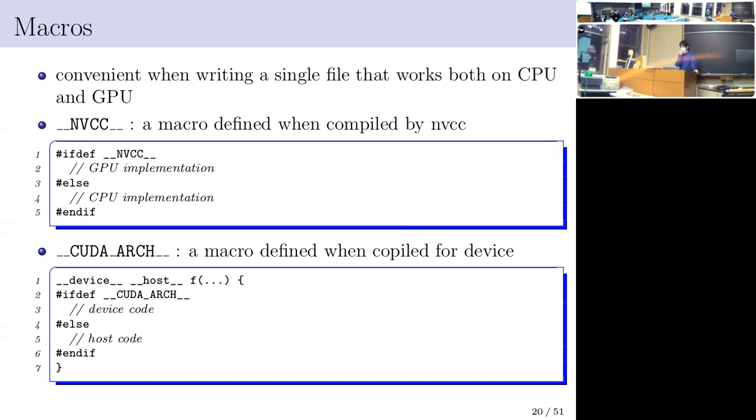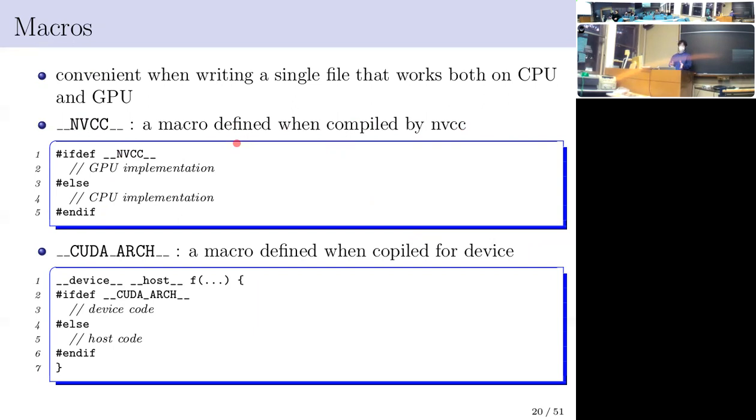Another detail, but sometimes necessary and useful, is these predefined macros, NVCC and CUDA_ARCH. The NVCC macro is defined when your source code is compiled by the NVCC compiler.